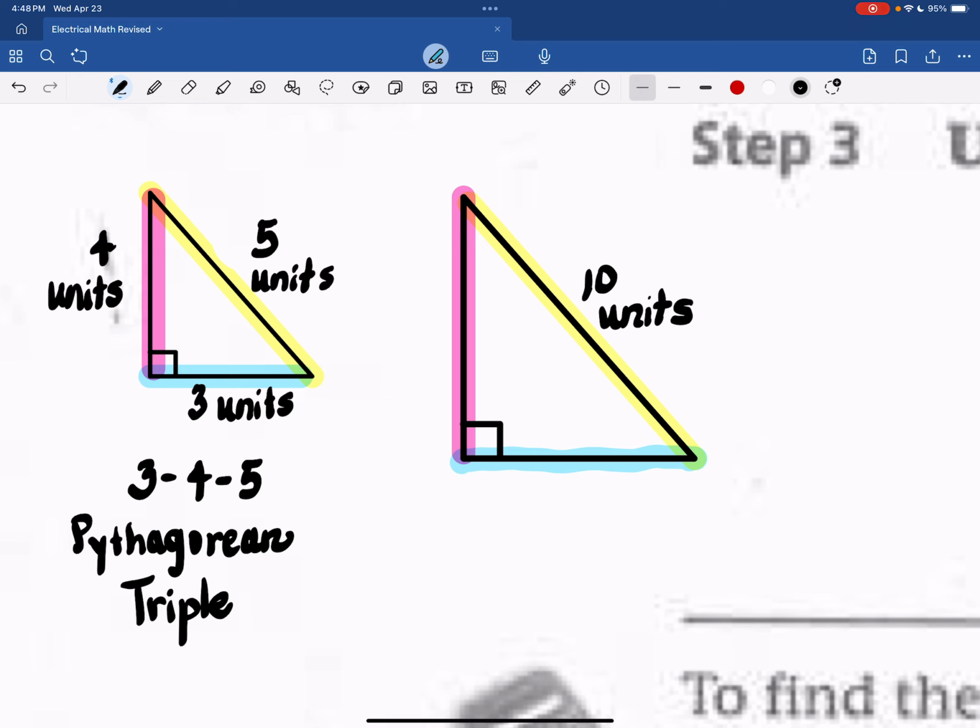So the scale factor is 2. I've said 5 times 2 is 10. So 3 times 2 is 6. And 4 times 2 is 8. So using a scale factor of 2, I get this Pythagorean triple, which is a 6, 8, 10.